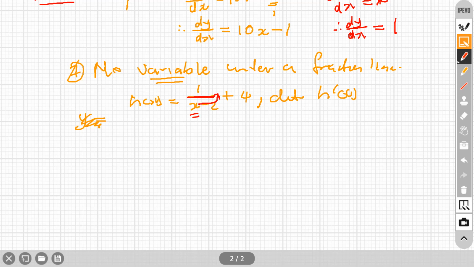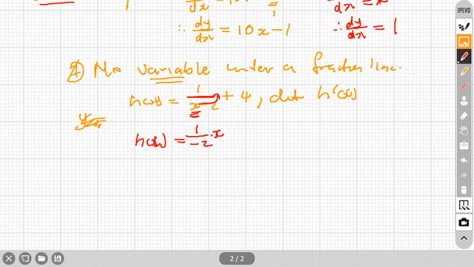So when we simplify h of x, we're going to have 1 over negative 2. Then when we bring it on top, it means that we're doing the inverse of what the x is doing right now. So now it's dividing 1, so when we bring it here, it's going to multiply the whole thing.